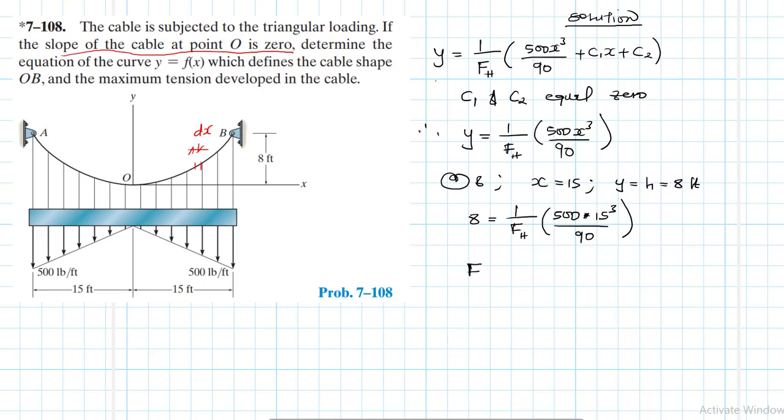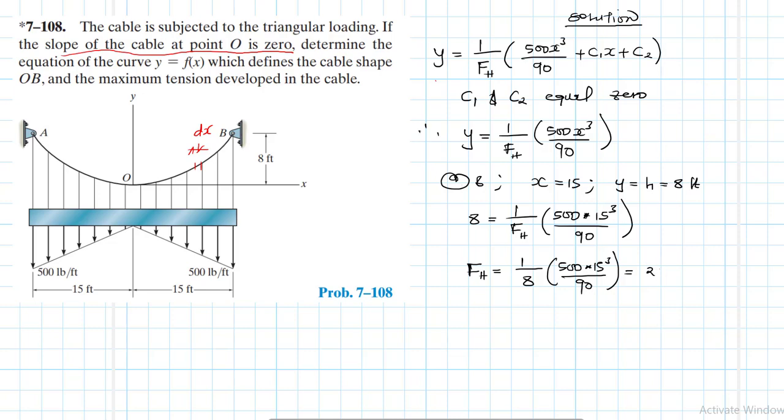Therefore, if we make FH the subject of the formula, this becomes equal to 1 divided by 8, 500 times 15 cubed divided by 90. What does this give us? Let's grab our calculators. 500 times 15 cubed divided by 90 divided by 8.